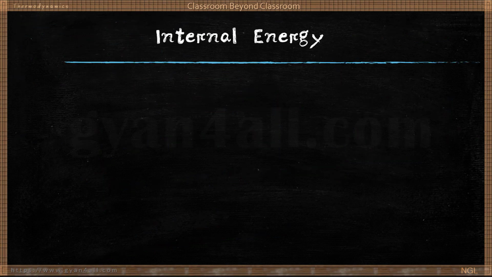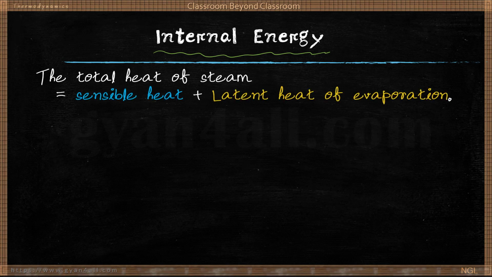Now we will solve a problem on internal energy of steam. In the previous classes we have discussed the internal energy of steam, the relation between enthalpy, internal energy and work done. The total heat of steam is equal to sensible heat plus the latent heat of evaporation.